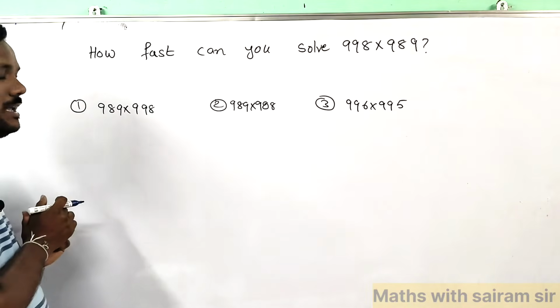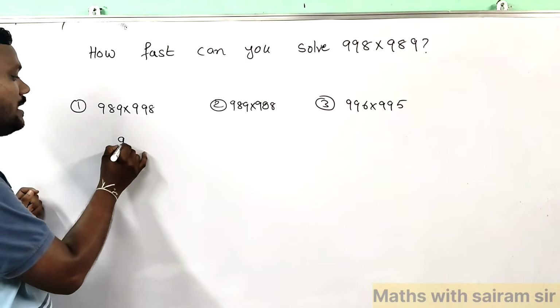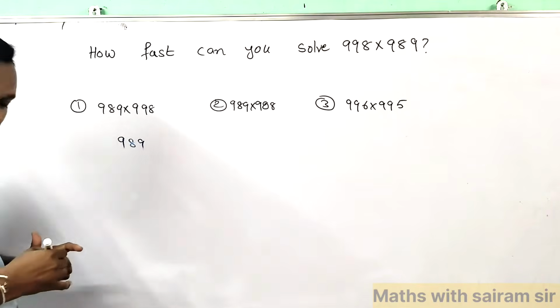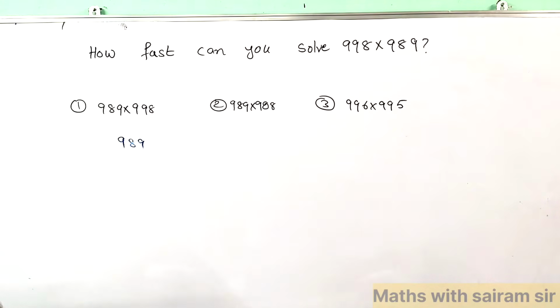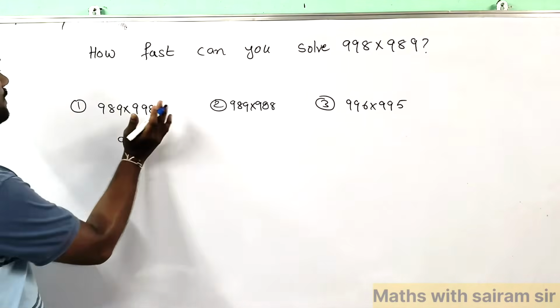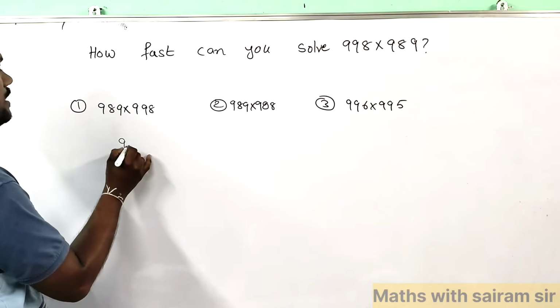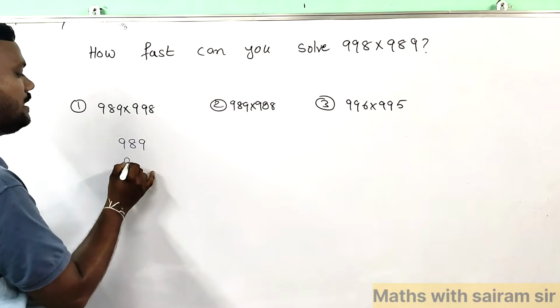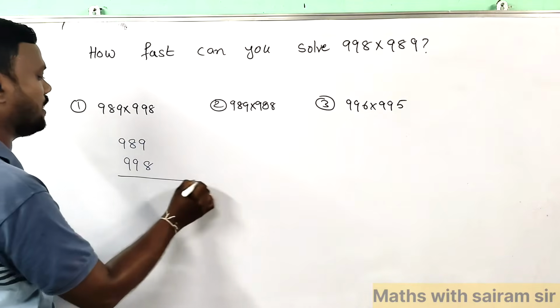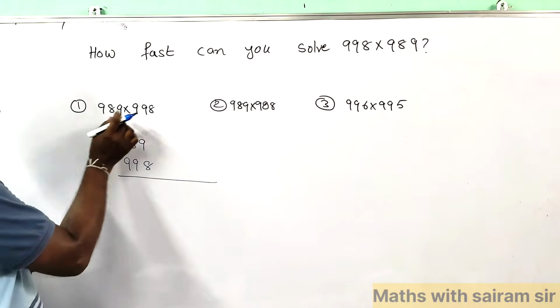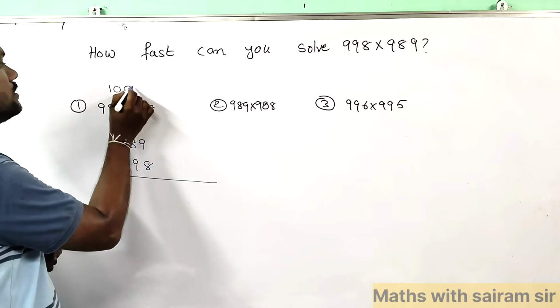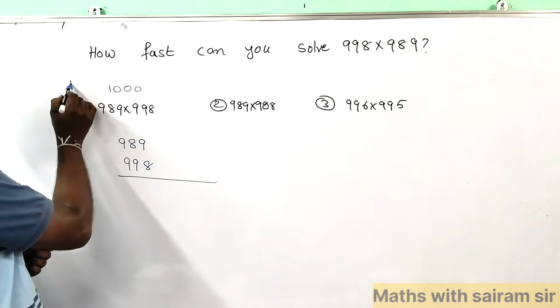989 into 998. Okay, these two numbers are nearest to the thousand, so we should consider our base as 1,000.